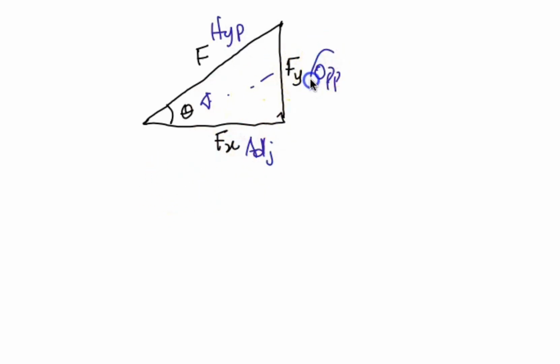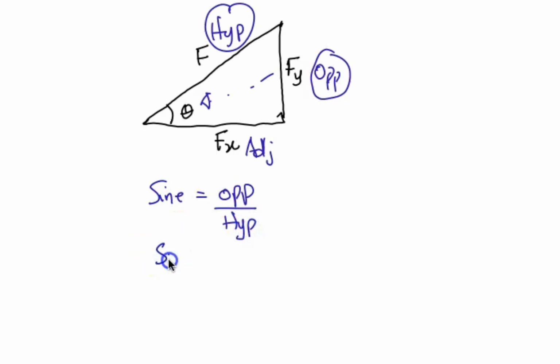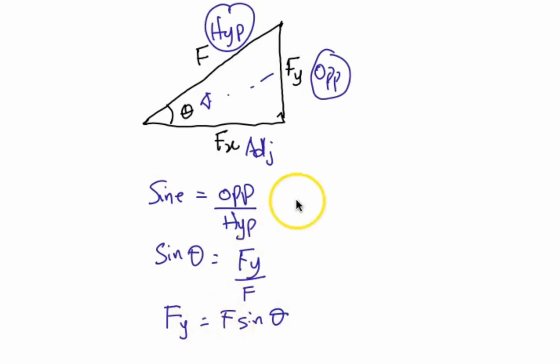For opposite and hypotenuse, we use sine. So we know that sine is equal to opposite over the hypotenuse. So the sine of the angle will be opposite, which is Fy, over hypotenuse, which is F. When you cross multiply, Fy will be equal to F sine theta. So we use sine for the y.